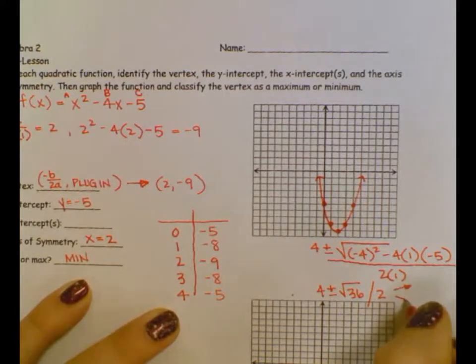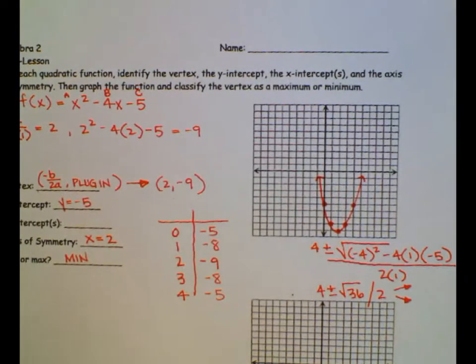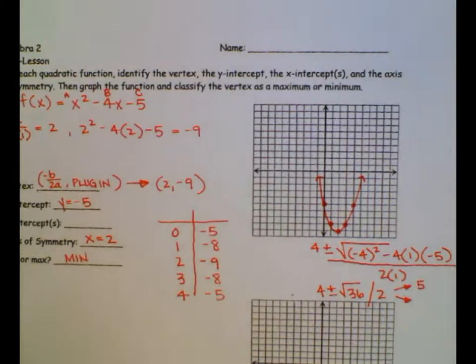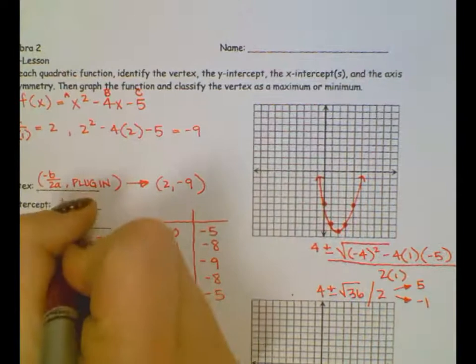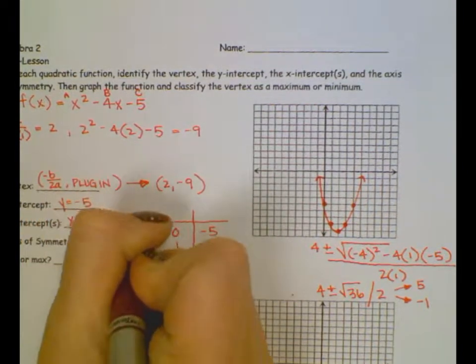We know 36 is a perfect square. It's 6. So 4 plus 6 over 2 is 5. 4 minus 6 over 2 is negative 1. So your x-intercepts are x equals 5 and x equals negative 1.